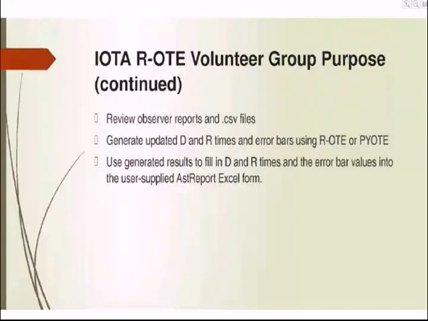Okay, so the question is, please explain how non-Gaussian and Gaussian error equations apply. I'm actually going to talk about that a little bit more when I talk about IOTA. But in general, the error bars for occultation timing are non-parametric.